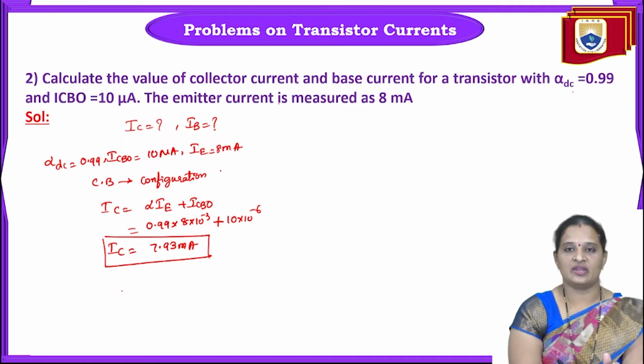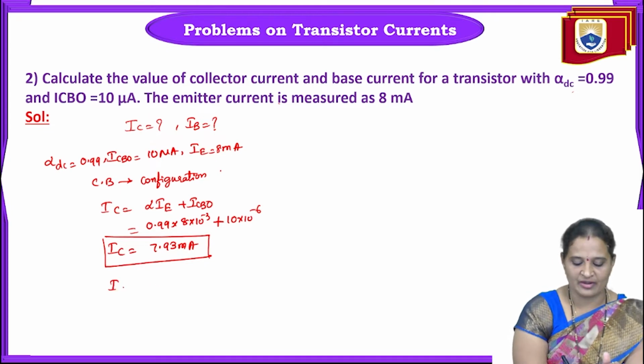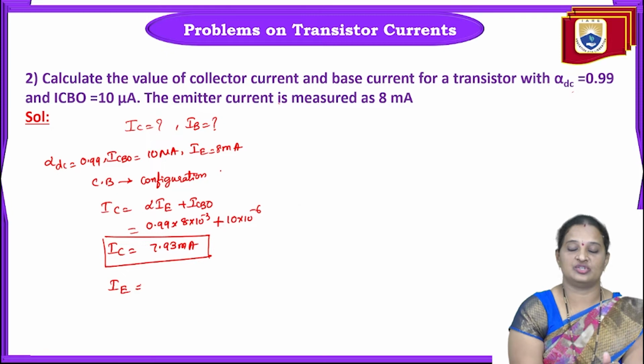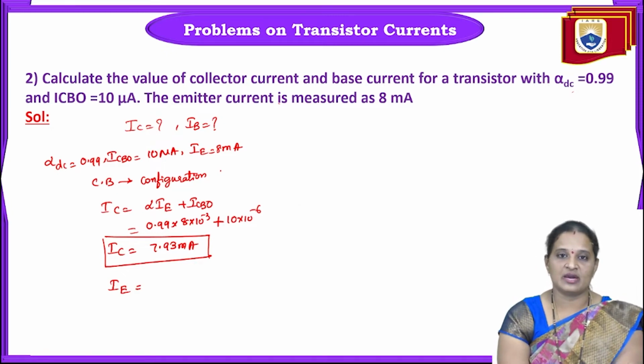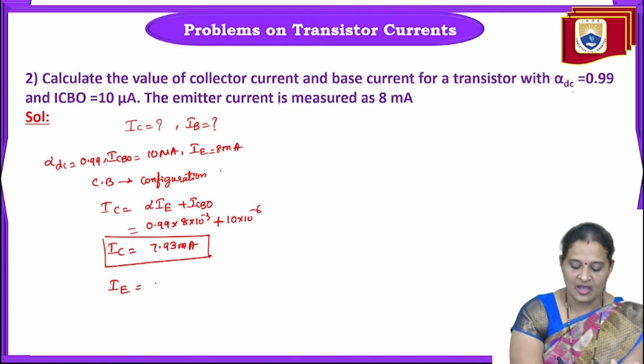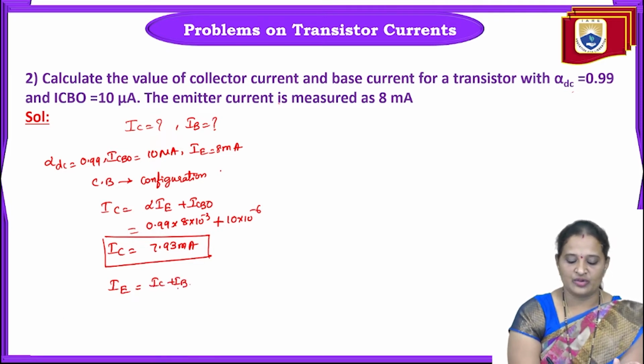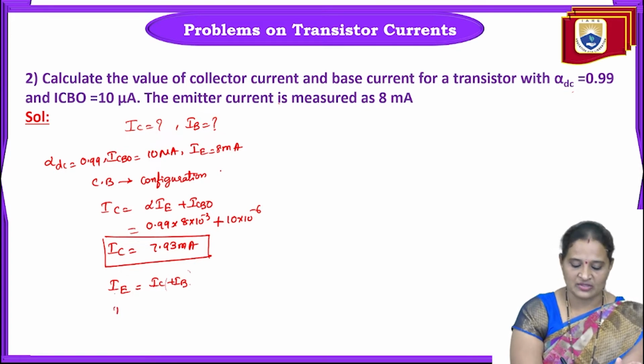Now he asked us to find IB also. We have an equation which shows the relation between all three currents of a transistor, emitter current, base current and collector current: IE equals IC plus IB. We know the IE and IC values and need to find IB. So IB equals IE minus IC.